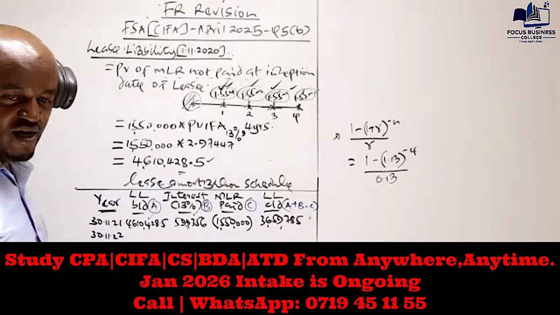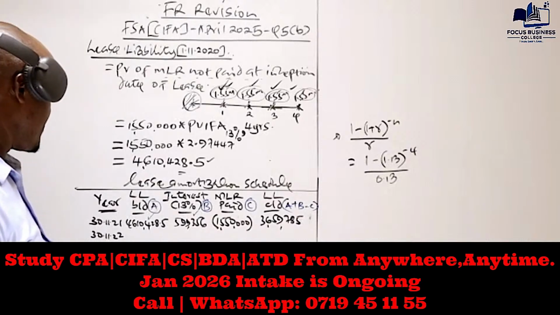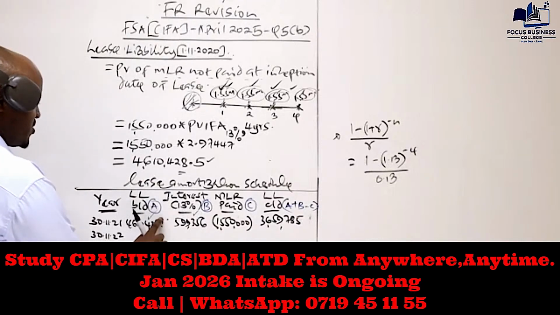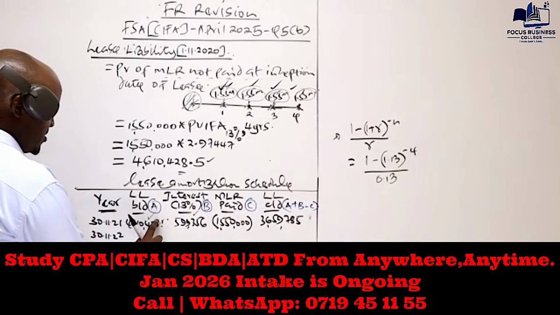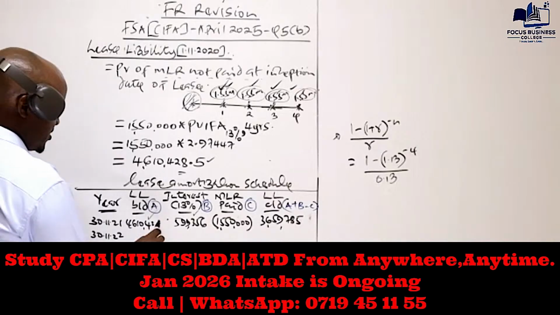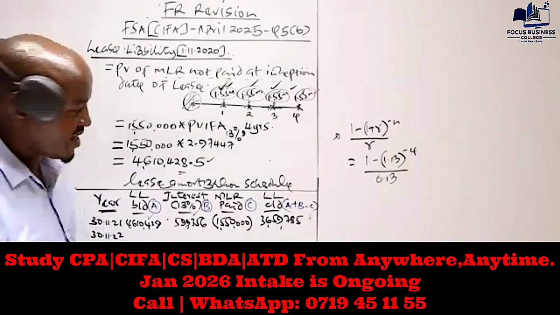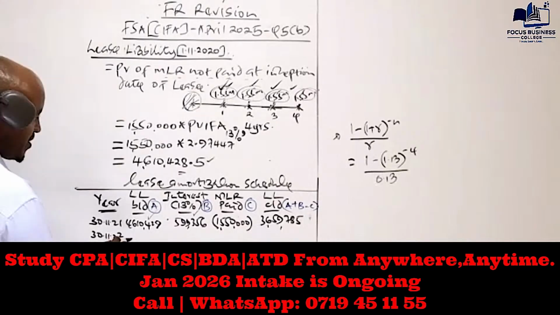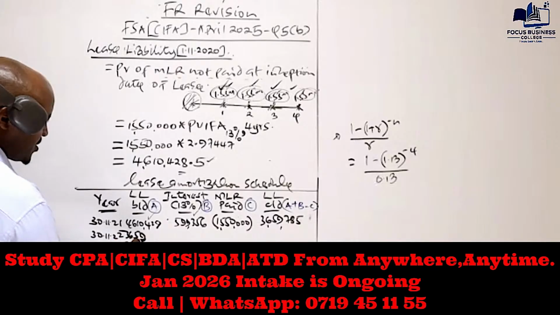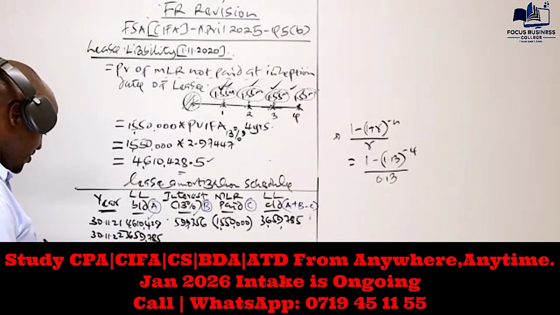To the nearest whole number, this one should be 9. Let's work with that. So that will be the opening balance here, 3,659,785. We compute interest, which is 13%.